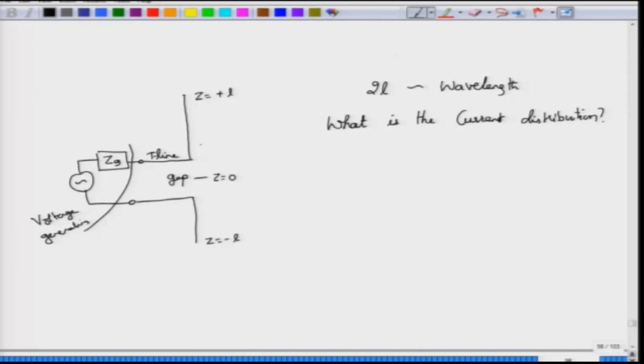But for now, you can motivate yourself to see that this particular antenna that we have considered can be thought of as starting off with a simple tapered transmission line and eventually flaring out.